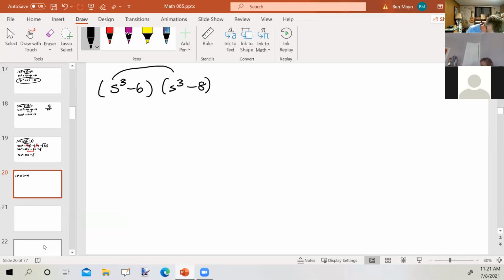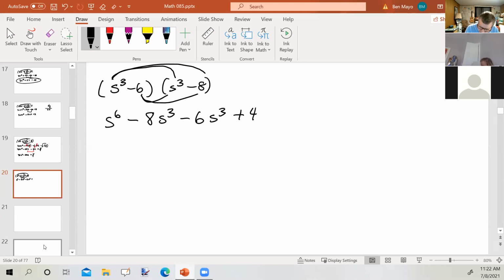So s cubed times s cubed is s to the 6th power. We're adding the exponents, 3 plus 3. S cubed times minus 8 would be minus 8s cubed. Minus 6 times s cubed is minus 6s cubed. And minus 6 times minus 8 would be plus 48.